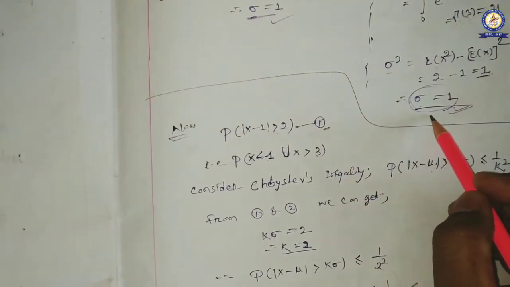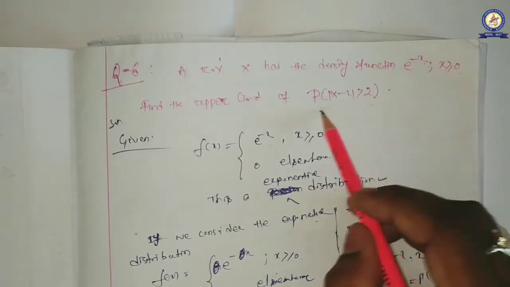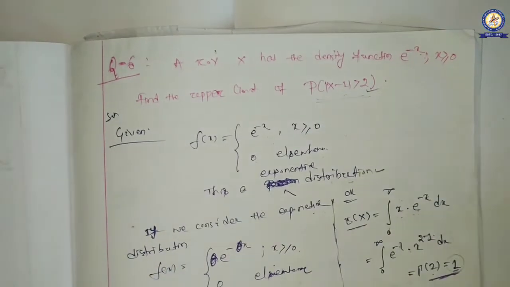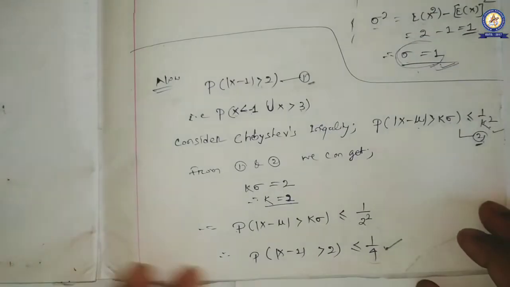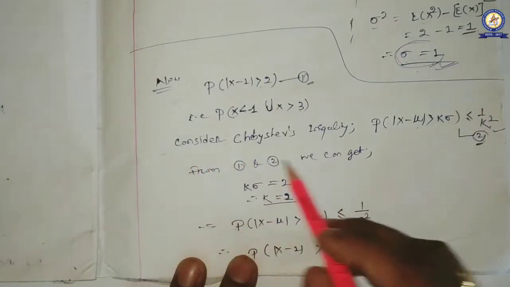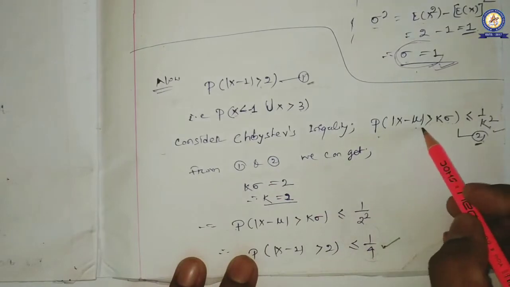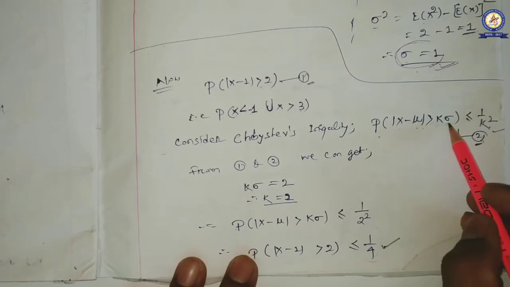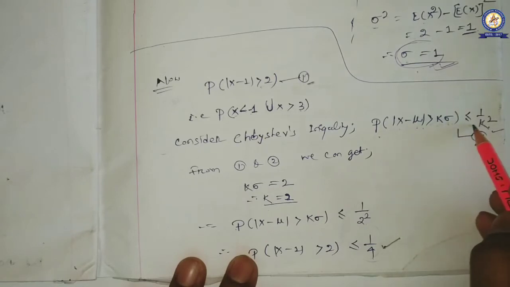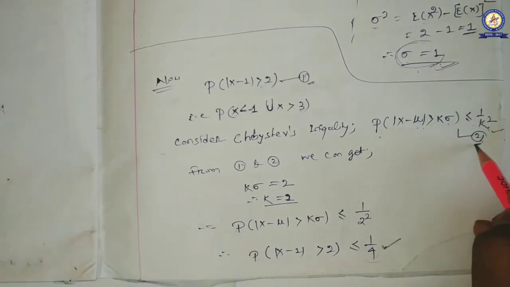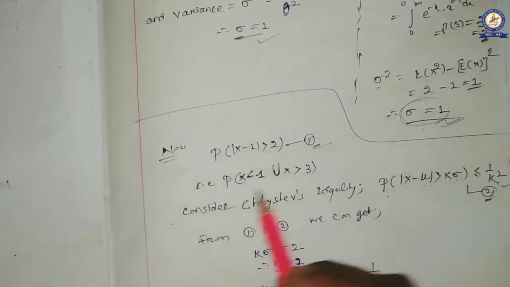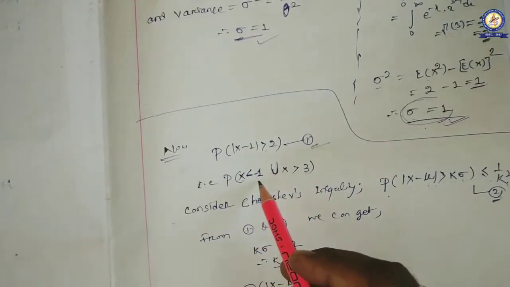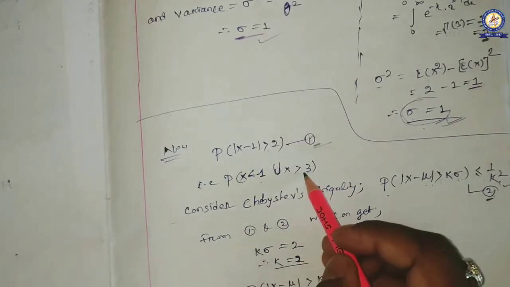Here it is asked that we have to find the probability of mod x minus 1 greater than 2. So now we are going to use Chebyshev's inequality, which in general says the probability of mod x minus mu, x minus mean, greater than k sigma, where sigma is the standard deviation, is less than or equal to 1 by k square. Here we have to find the probability of x less than minus 1 union x greater than 3.